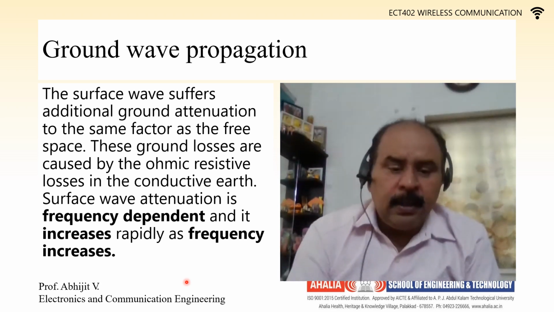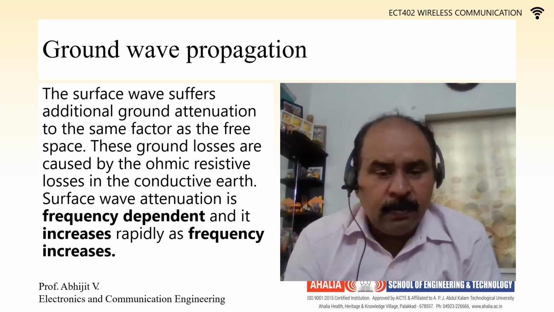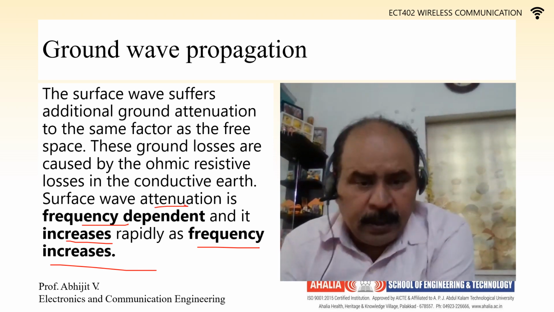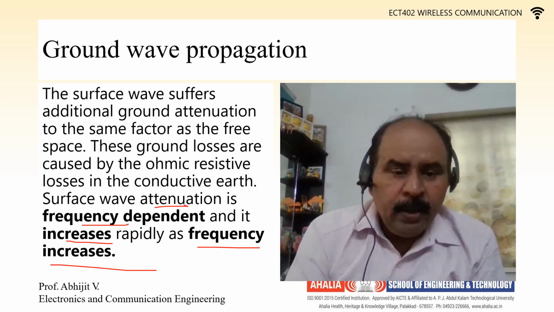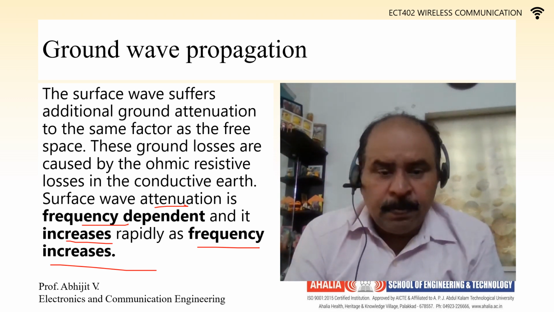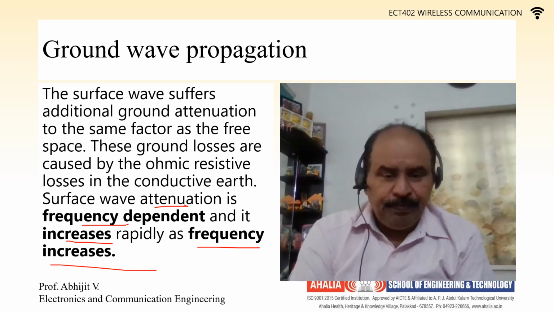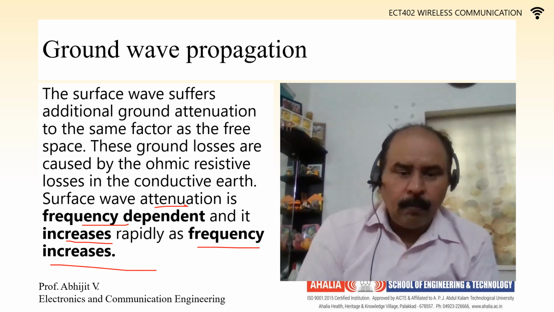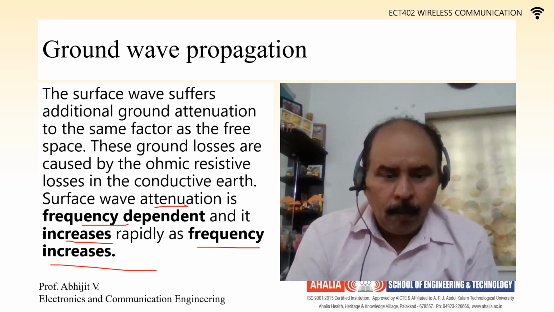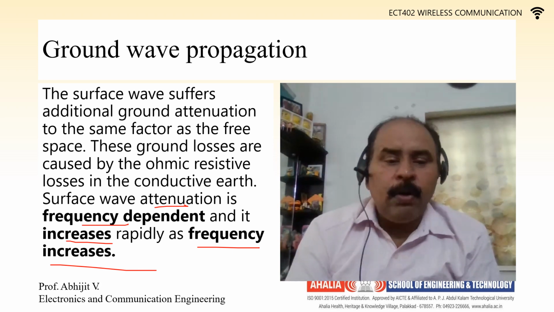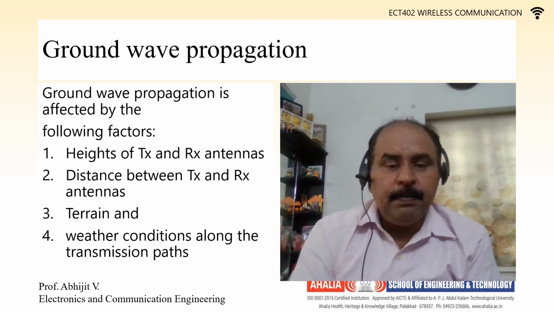So one factor that really affects it is the frequency, and when you increase the frequency, the ground wave attenuation increases. So apart from free space loss, we have another one called ground attenuation. Frequency dependency is another important point.